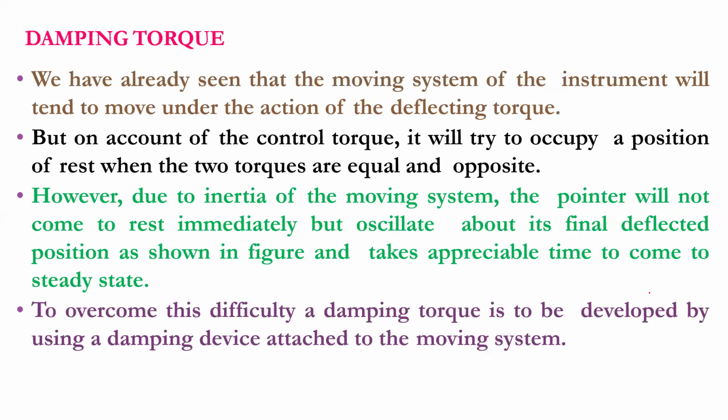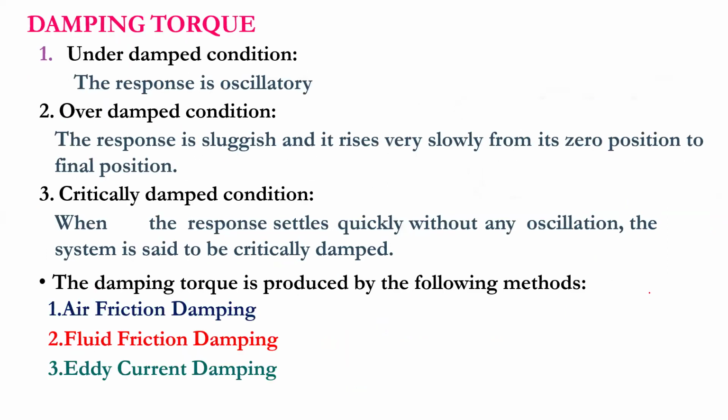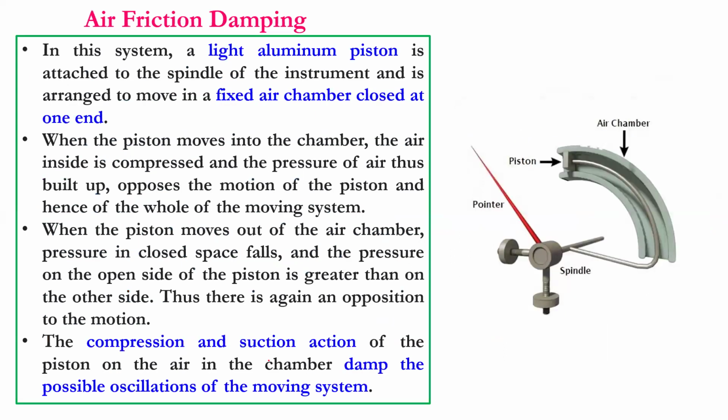Damping torque: in order to nullify those oscillations, we have different types of damping. The first one is air friction damping, then fluid friction damping, and eddy current damping. First of all, air friction damping is nothing but an air chamber connected to a piston like this.